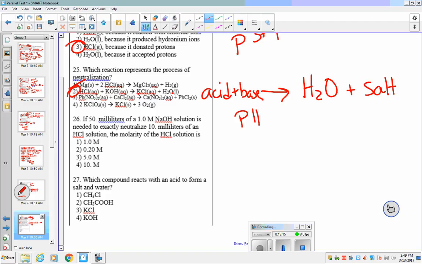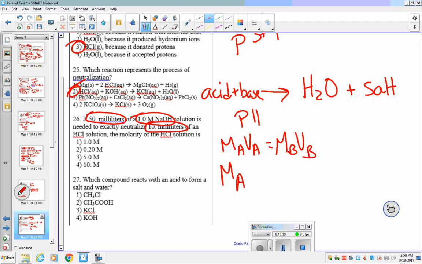Number 26 is a calculation. So it's the titration calculation. We have 50 milliliters of 1 molar NaOH that is needed to exactly neutralize 10 milliliters of a hydrochloric acid solution. We want to find the molarity of the hydrochloric acid.